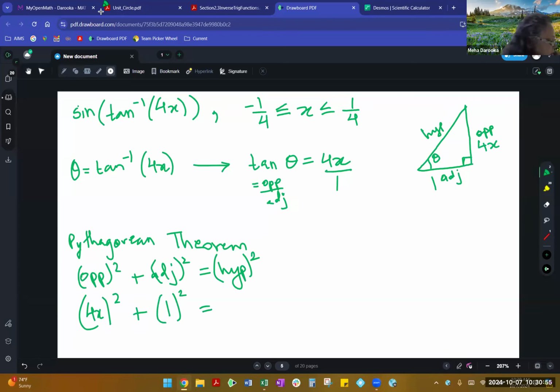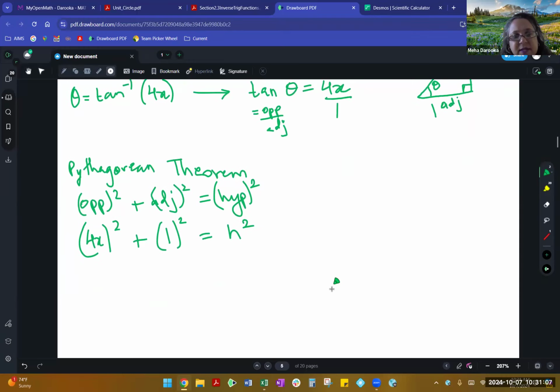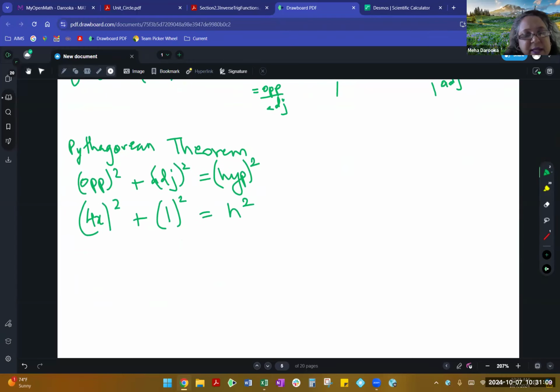And then based on that, we need to find our hypotenuse. I'm just going to call it h for now. As you can see, this will end up becoming 16x squared. The 1 is just going to be 1 squared, and then this is our hypotenuse over here.